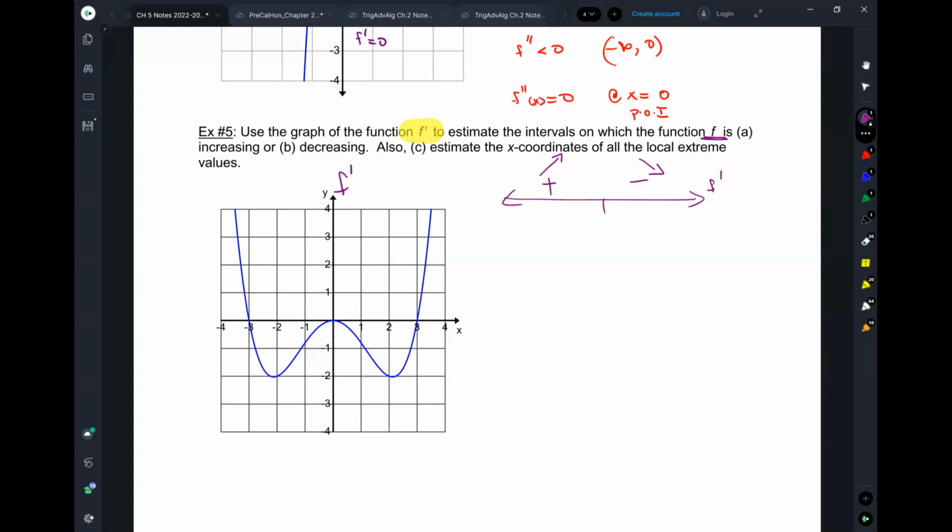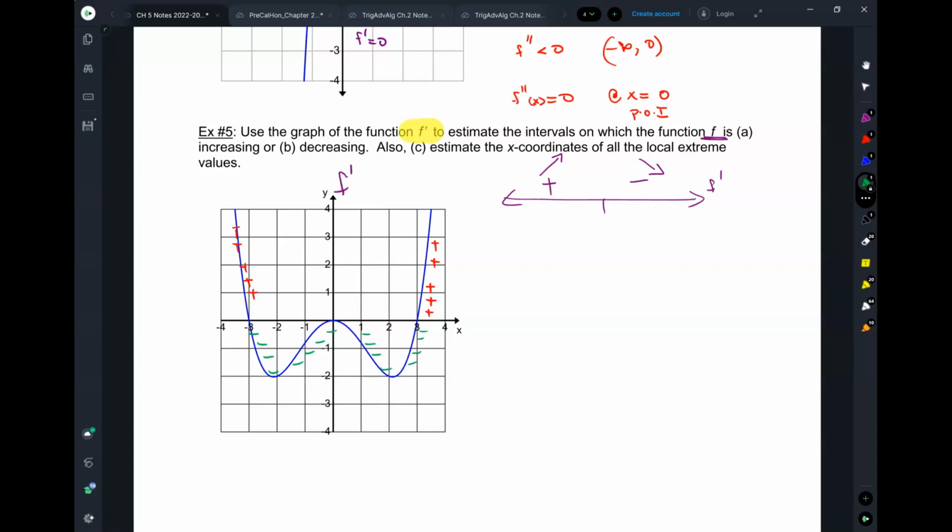A graph being positive or negative is the y values being positive or negative. So this whole region, the y values are positive, so the graph is positive. But when it's below, the y values are negative, so the graph is negative.